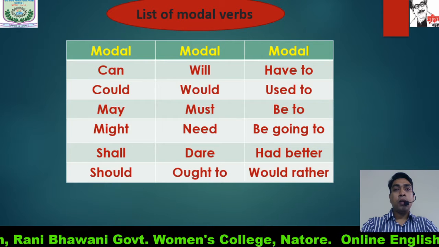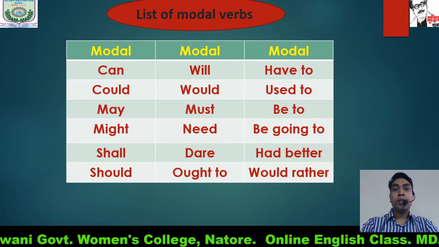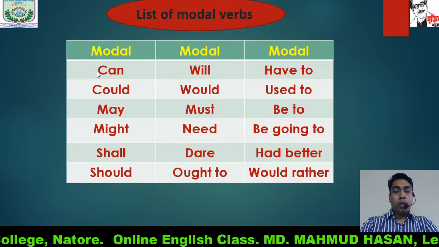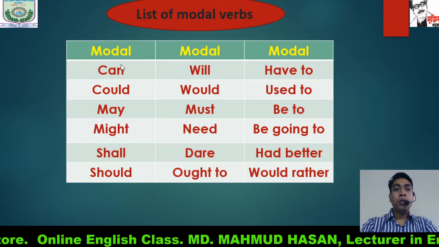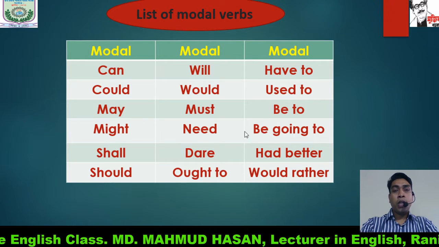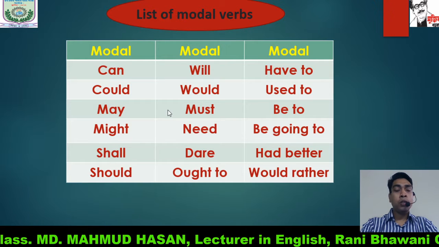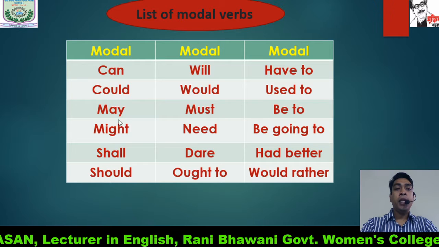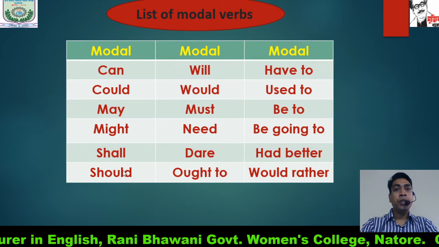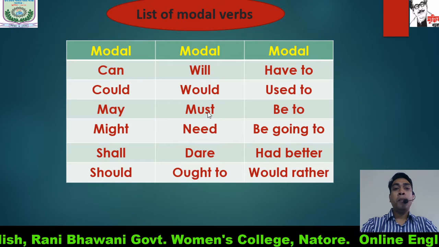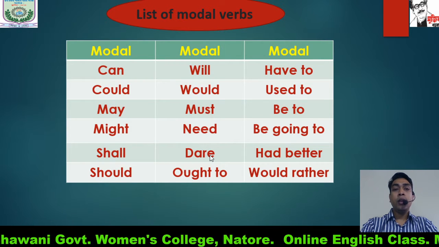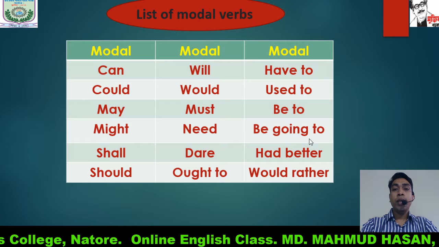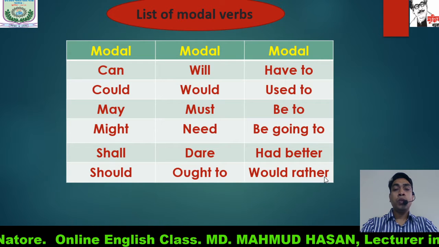Here is the list of modal verbs. In English, we normally use all these verbs as modals or modal auxiliaries. These are can, could, may, might, shall, should, will, would, must, need, dare, ought to, have to, used to, be going to, had better, would rather.